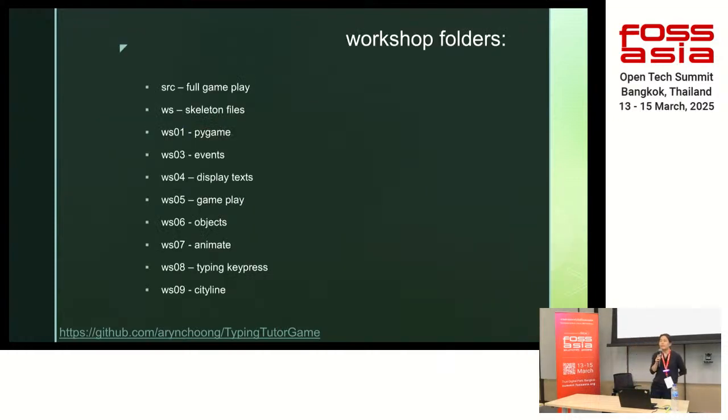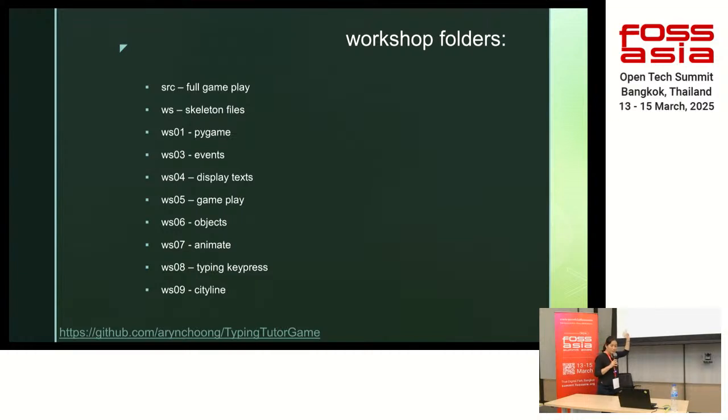Okay, so for this game, as long as you have cloned the repo, I've already prepared all the workshop files. So this is kind of like a glossary of all the workshop folders. The source folder basically has the full gameplay.